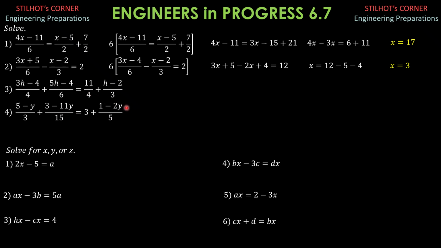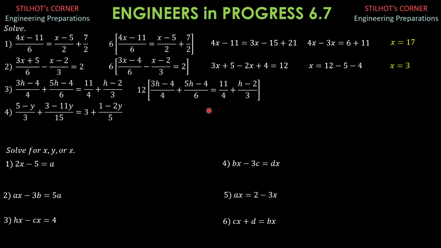The LCD next is 12. Multiply everything by 12. So this becomes 12 over 4 is 3. So 9h minus 12, 12 over 6 is 2, plus 10h, 2 times 5h is 10h, 2 times negative 4 is negative 8, then 12 over 4 is 3, times 11, 33, 12 over 3 is 4, so plus 4h minus 8.